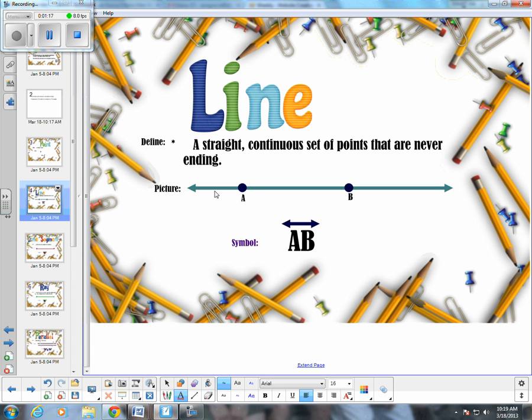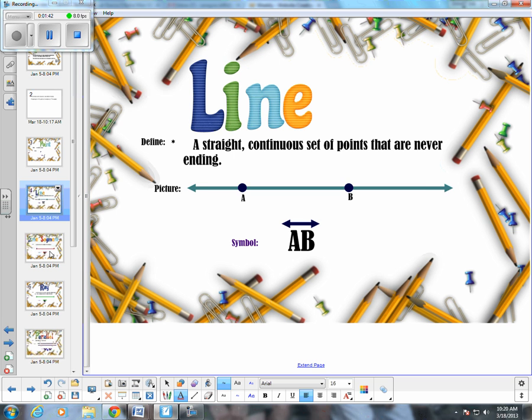So if you can tell by the arrows at the end, a line never ends. So then if you're trying to notate the line that you're referring to, it'll show the symbol line AB. And then with the symbol, you're going to need to make sure that there is an arrow on each side to notate that it's a line.